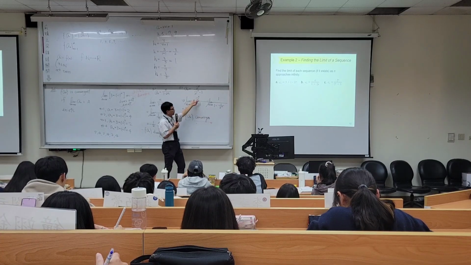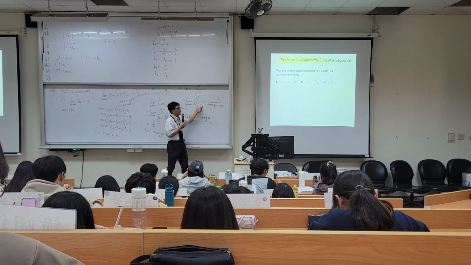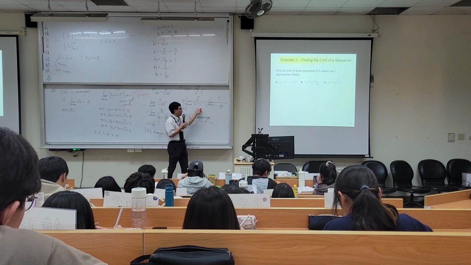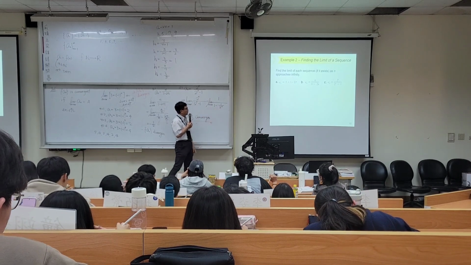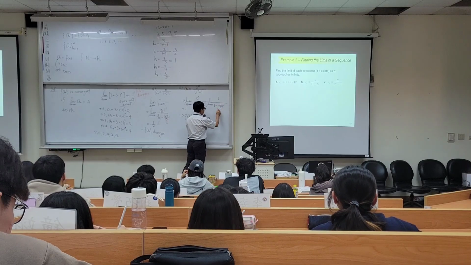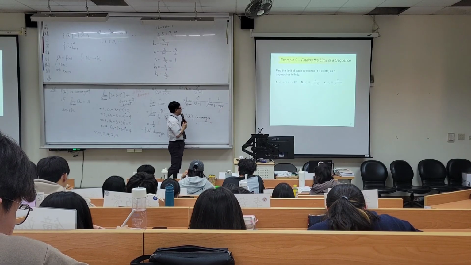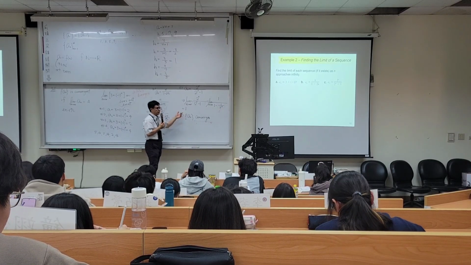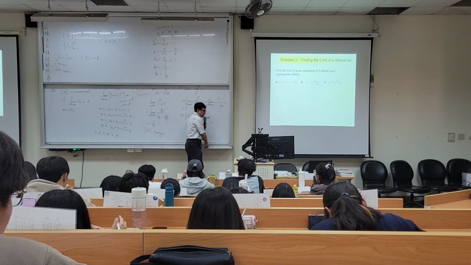So the numerator will become 1, and the denominator will become 1 minus 1 over 2 to the n, and this will go to 0. So the limit converges to 1.